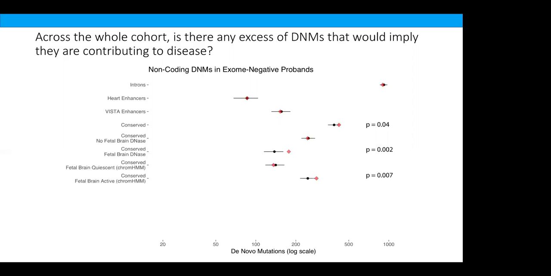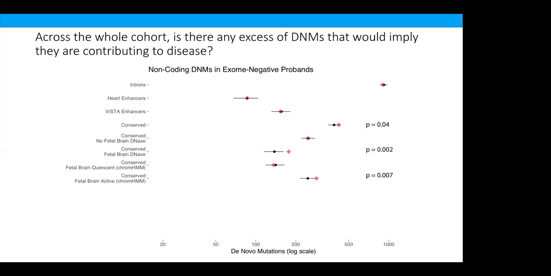Then we see that there is in fact some enrichment in the fetal brain active conserved elements, while the ones that are likely to be inactive in the fetal brain, so they're active in some other tissue, liver or heart, etc., don't show any enrichment. I've done this 2 different ways here.